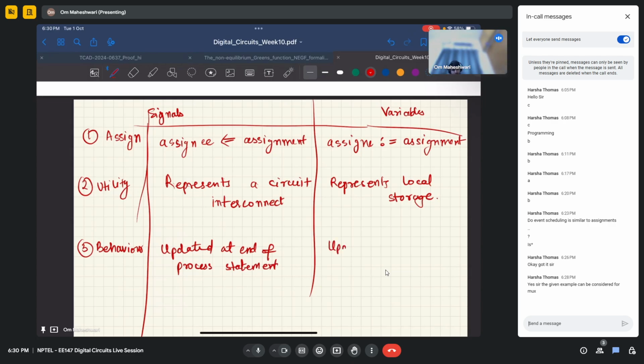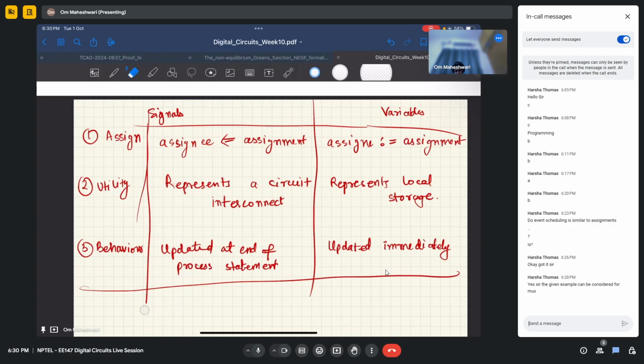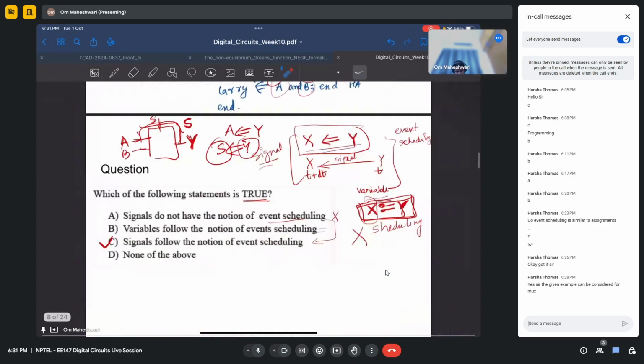This one is updated immediately. So these are the key differences. Yeah, so your question was valid. When we use assignments, like for signals, we always use assignments.